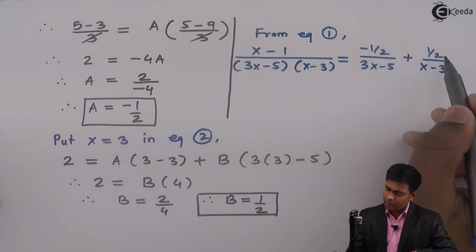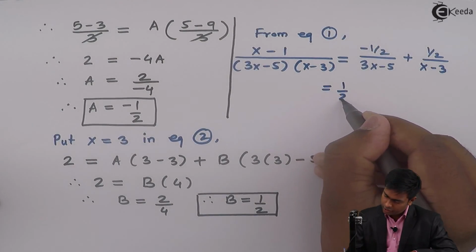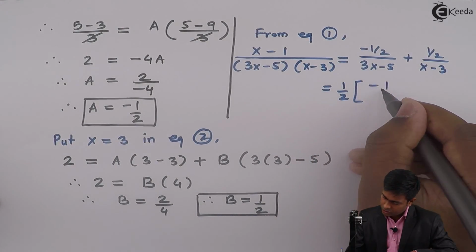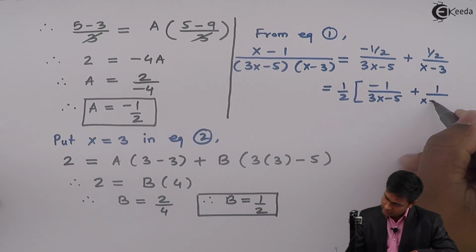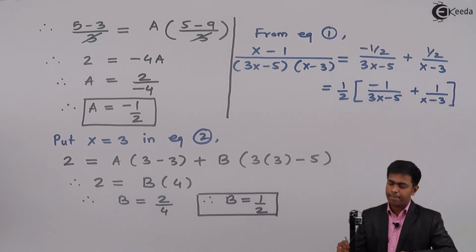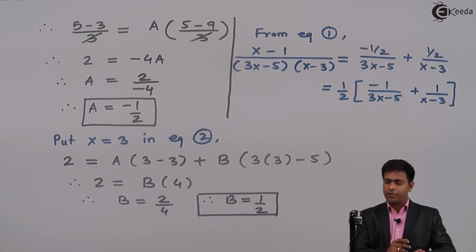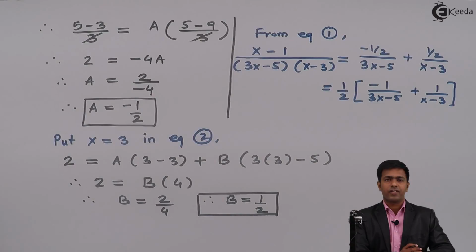So by taking this half common, we will get 1 by 2 in the bracket, minus 1 upon (3x minus 5) plus 1 upon (x minus 3). So this is the partial fraction of the given fraction. Thank you.